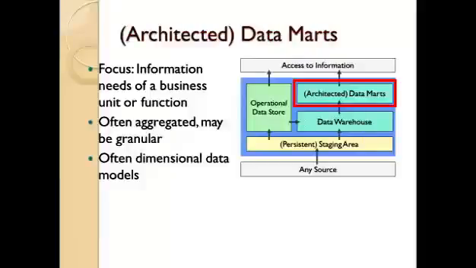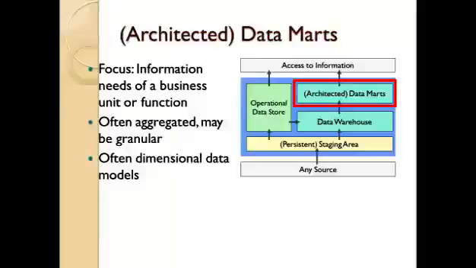So a point to remember here is that in a modern data warehouse, you have more than just the data warehouse itself. It has various components or layers, including, of course, the data warehouse, but also the PSA, the operational data store, as well as various architected data marts.